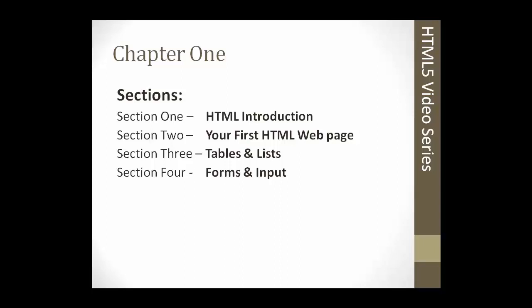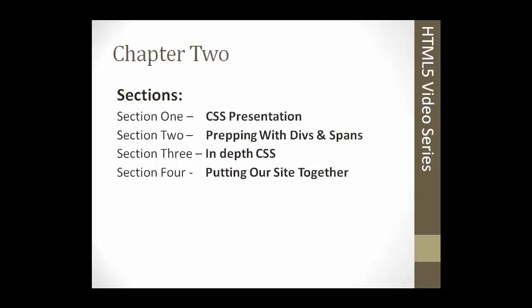And then in section 4, we'll have the forms and input. We'll be learning about basic form and input. We're not going to touch the HTML5 new input types or anything like that yet. We're just going to learn the basic syntax of a regular HTML form, and we'll probably do the contact form on the Blue Developer website. So some real good foundation work.